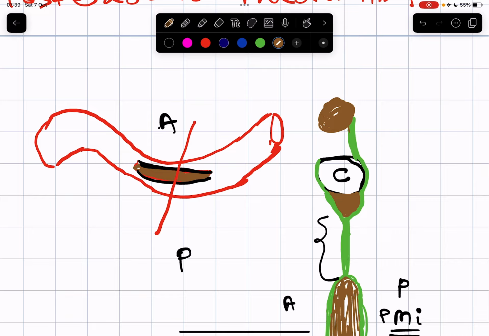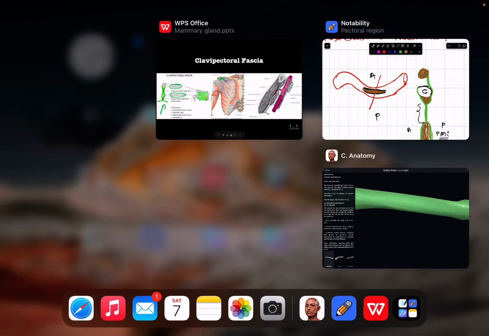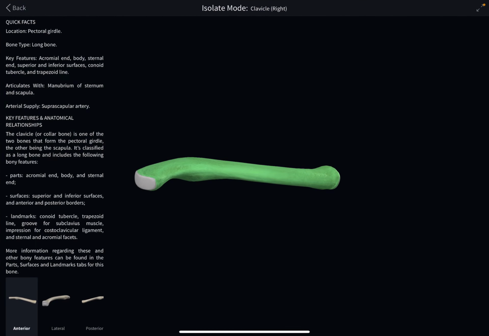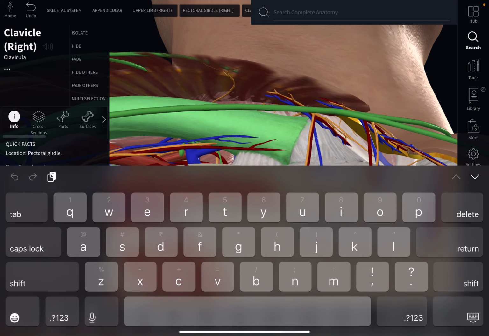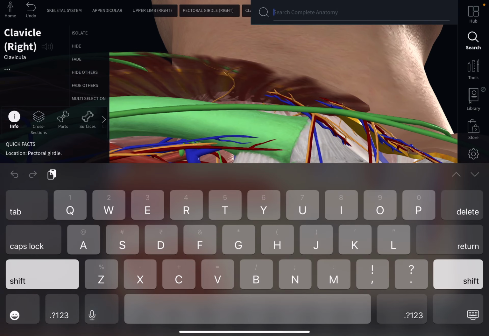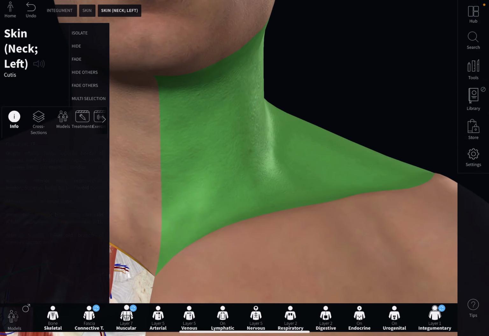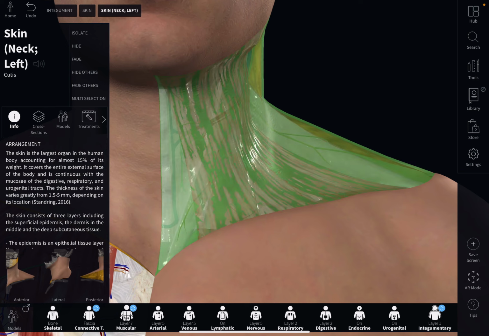So this muscle, maybe I can show you in the atlas. Anyway, let us try to find the omohyoid muscle, which you find here in the neck.